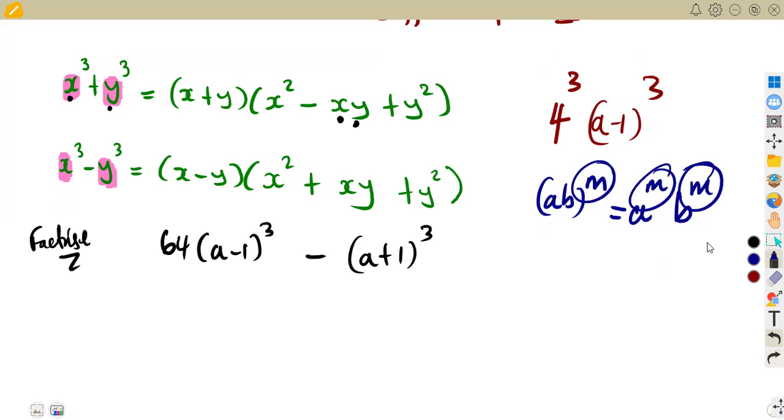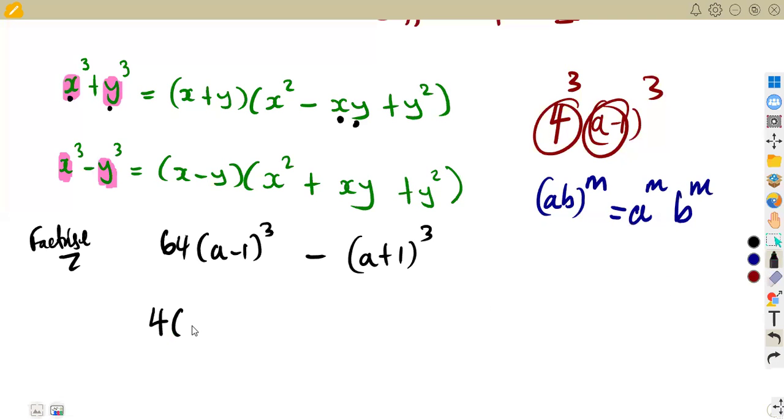We've got the same exponent m and m. So we can write it as a single number raised to a single exponent. So instead, we can write this as 4 into the bracket of a minus 1, like this. Everything that we are having here being raised to the exponent of 3. That is what I'm trying to say.